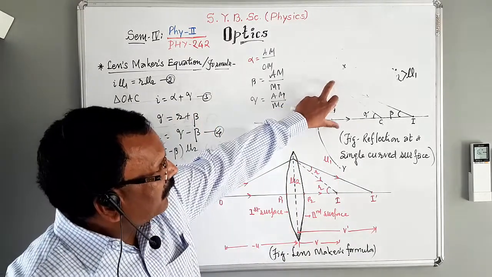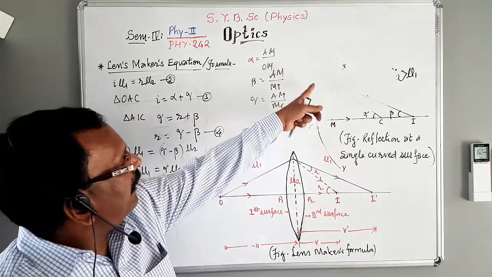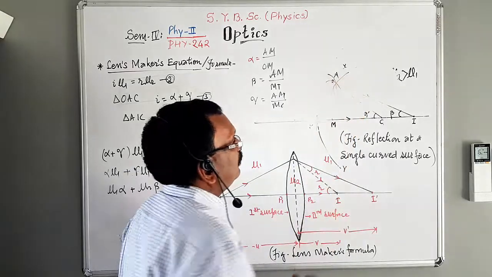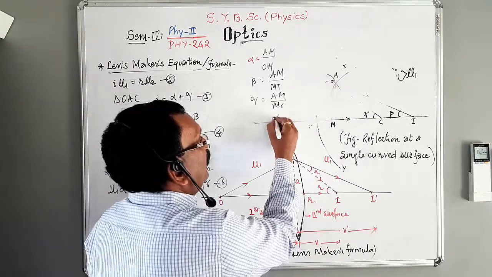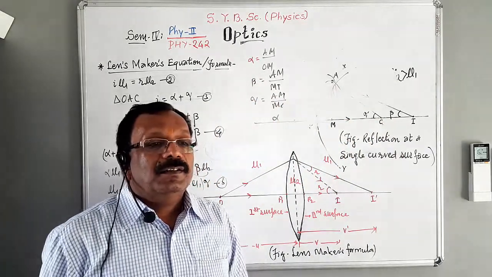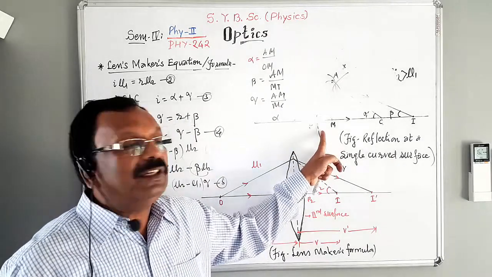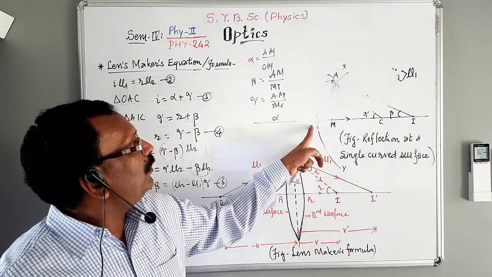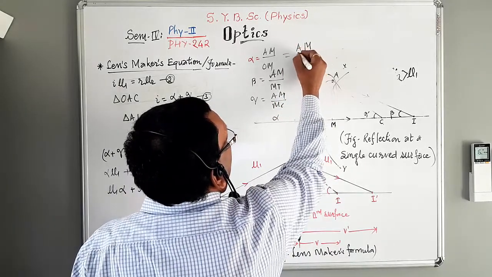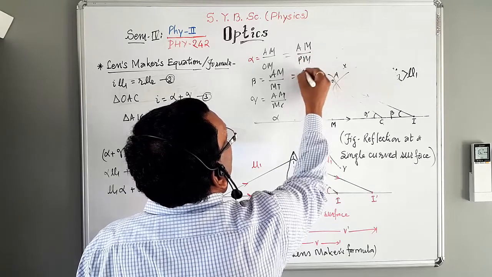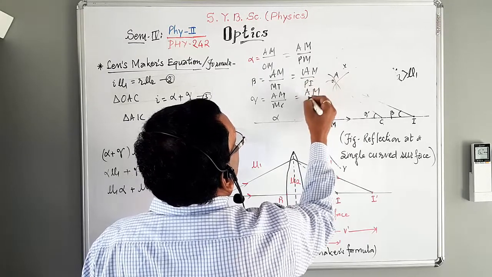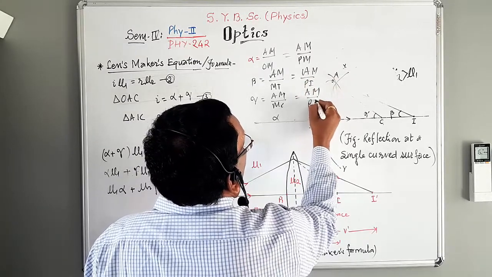Just as I drew, I rubbed the figure, but here it is clear. Suppose this is the point A, and we draw different arcs, and then calculate the angles alpha, gamma and beta from this figure. Since the points P and M are very close, instead of M we are going to consider the point P. So we write AM upon PI and AM upon PC.